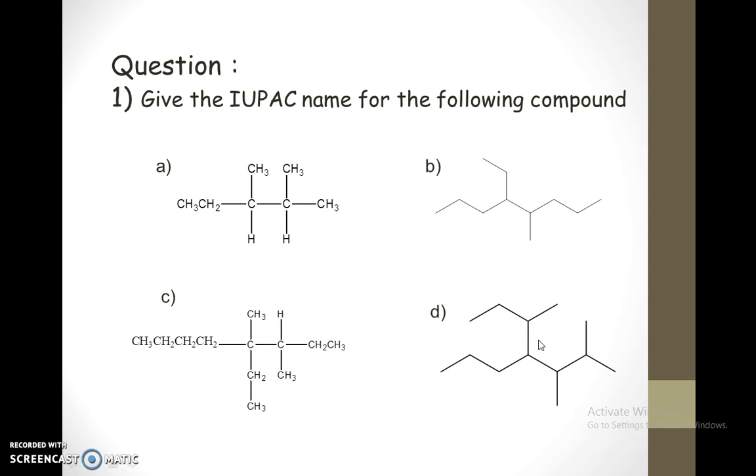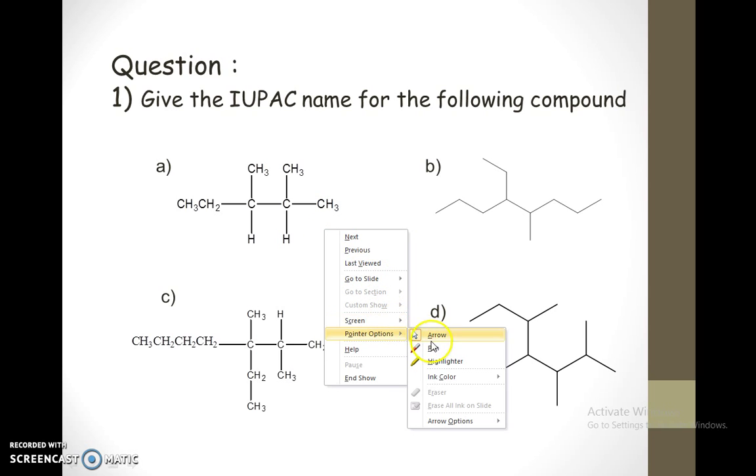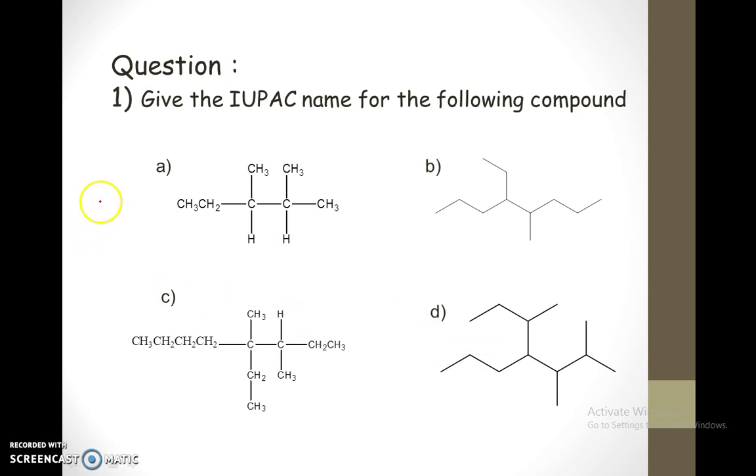Okay, let's do these questions. So look at the first question. How to give the IUPAC name for the first compound? At first you need to find the parent. As usual, I will use the PPS.